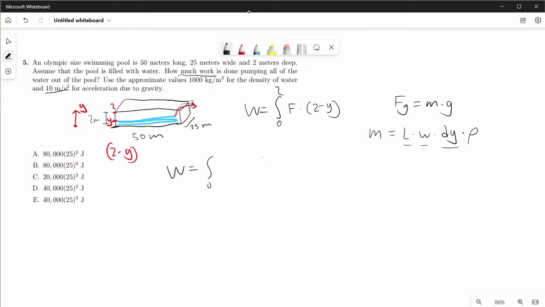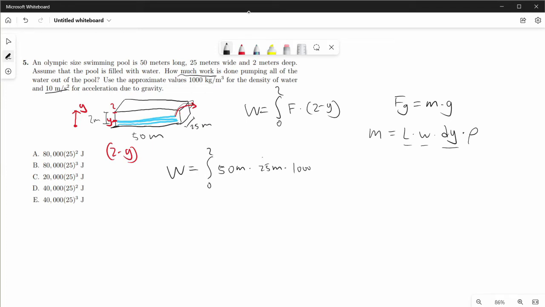We have work equal to the integral from 0 to 2, force is mass times g, which in this case would be the length, 50 meters, times width of 25 meters times dy, which I write in the back.